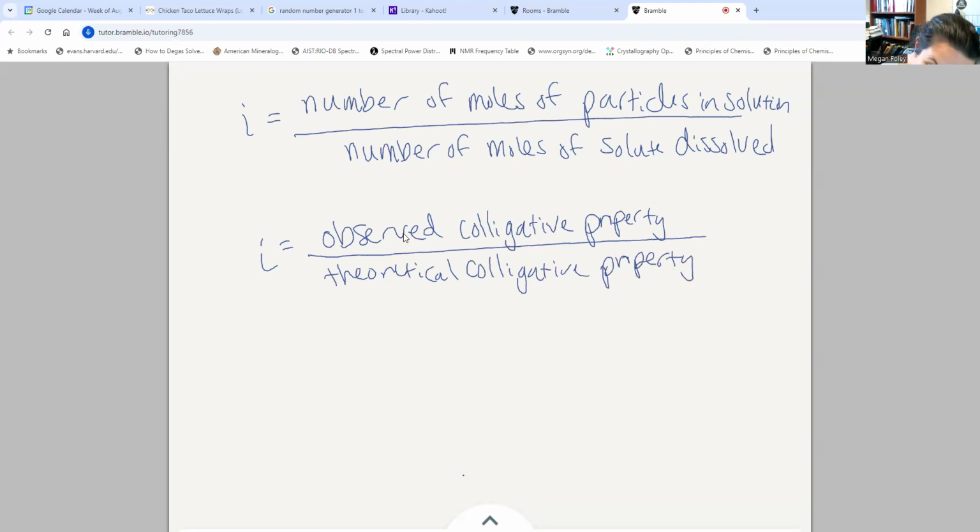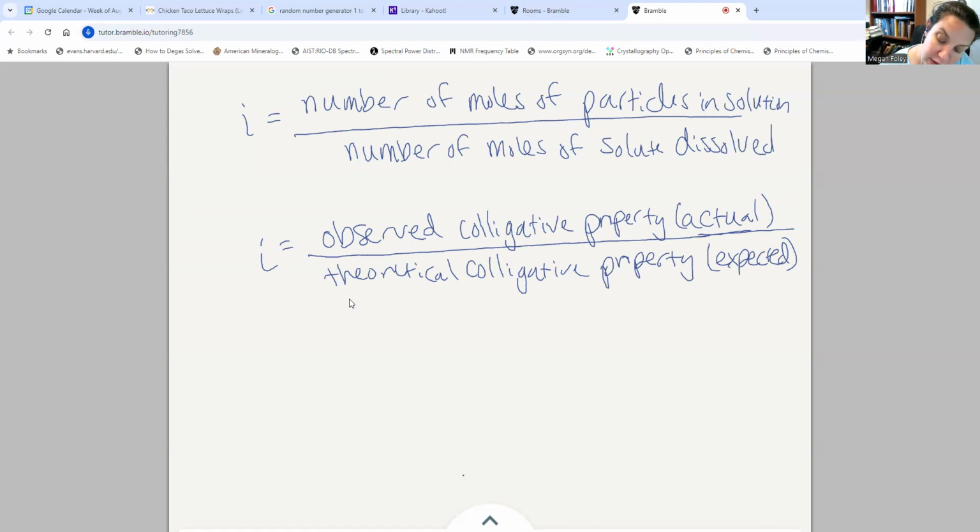So this would be what we would actually get over what we would get by calculating from our equation, such as our delta TB equals i KB molality.